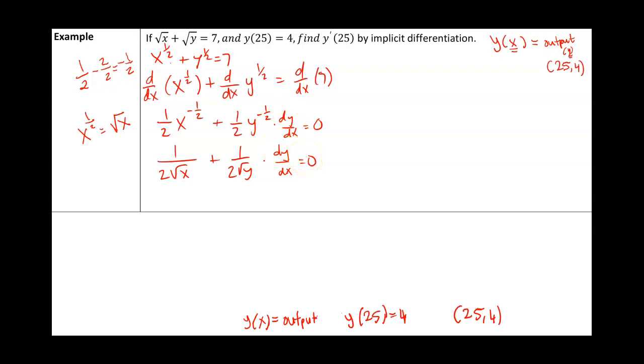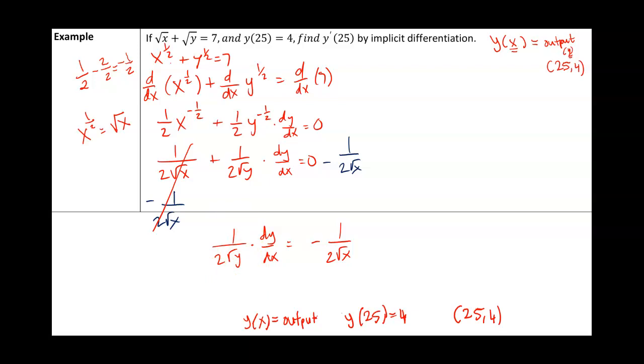Our objective is to solve for the dy dx. So I'm going to take the 1 over 2 radical x and move that to the right by subtracting it. So that goes away. I have 1 over 2 radical y times dy dx is equal to negative 1 over 2 radical x. Now normally we would divide by this term, but we can't divide by fractions.